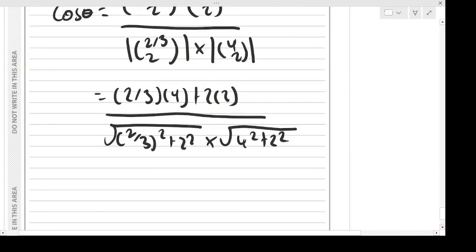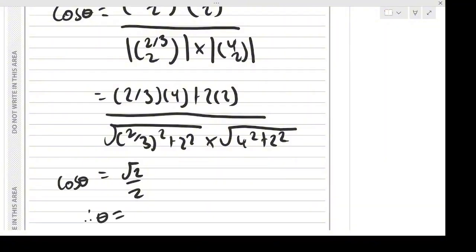If I work all that out, I get root 2 over 2, so that's cos theta.